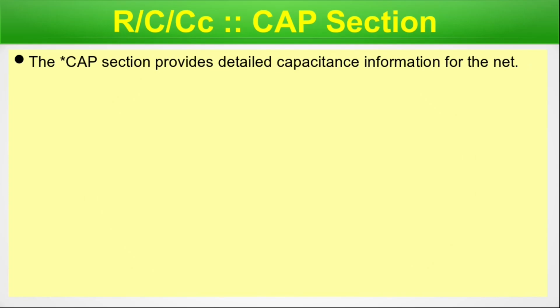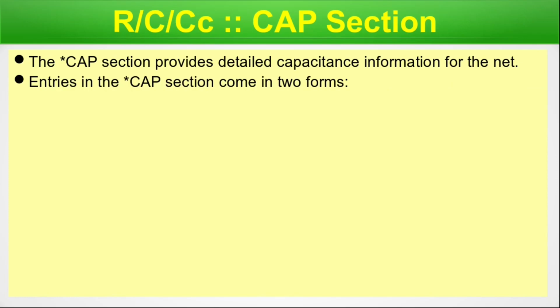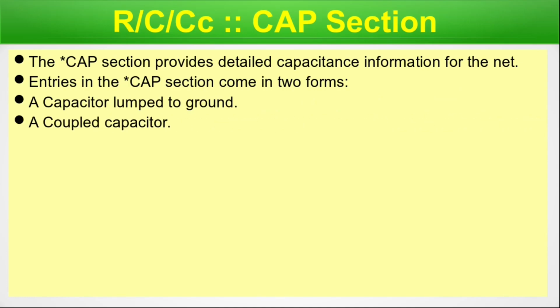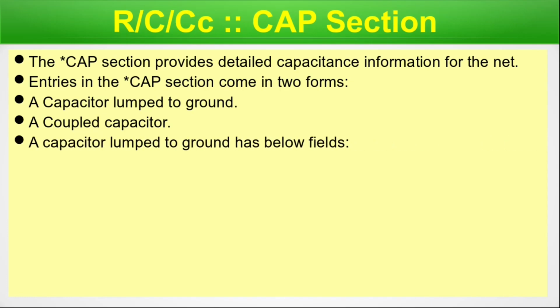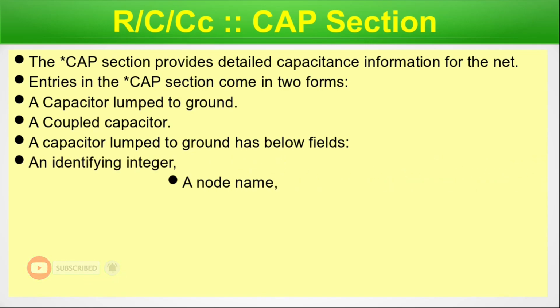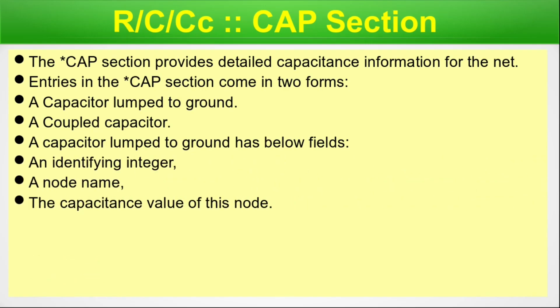The CAP section provides detailed capacitance information of the net. Entries in the CAP section come in two forms: a capacitor lumped to the ground and a coupling capacitor. A capacitor lumped to the ground has these fields: an identifying integer, a node name, and the capacitance value of this node.